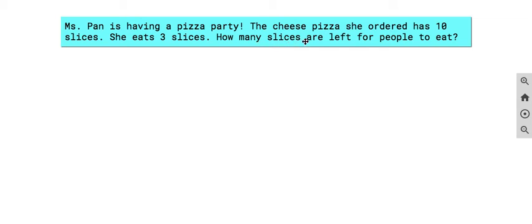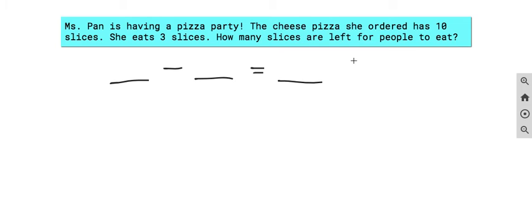How many slices are left for people to eat? This is a subtraction problem. So our equation is going to look a little bit different. We're going to have a starting number. And then we're going to take away, that's the subtraction symbol, a takeaway number to get how many are left.